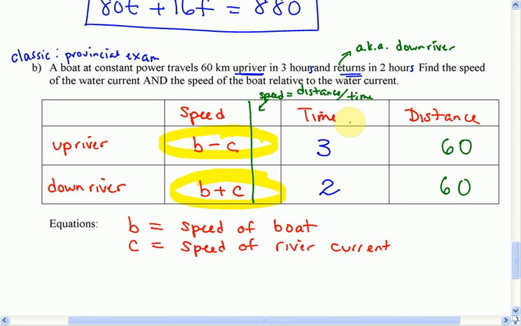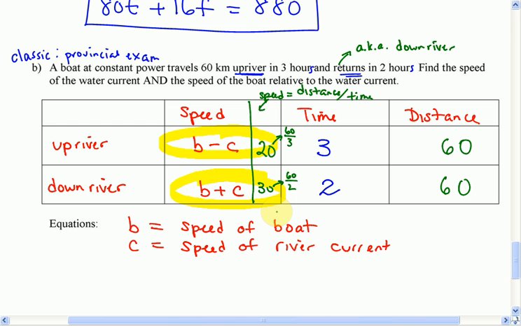What's the distance going upriver? 60. What's the time going upriver? 3. What's 60 divided by 3? 20. So this is equal to 60 divided by 3. What about the speed going downriver then? That's 30, because that's just 60 divided by 2.